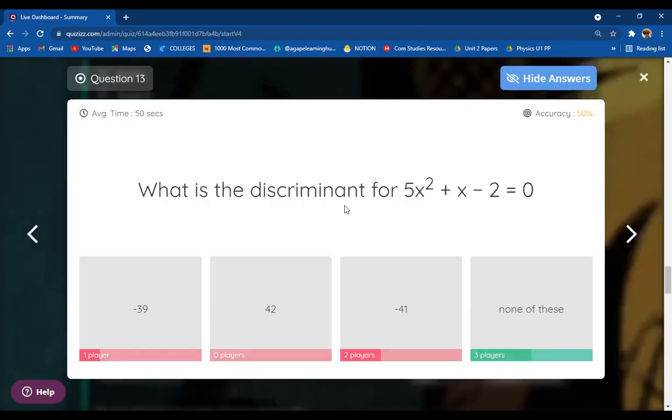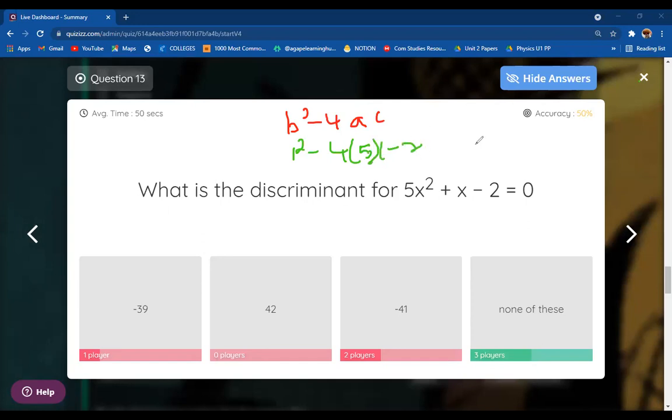So we find the same discriminant. B squared minus 4ac is already set equal to 0. So all we have to do is plug the new values into this. So b is 1 squared minus 4. A is 5. C is minus 2.